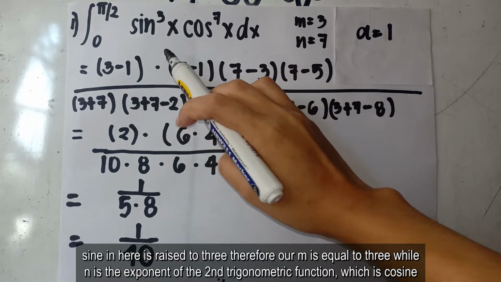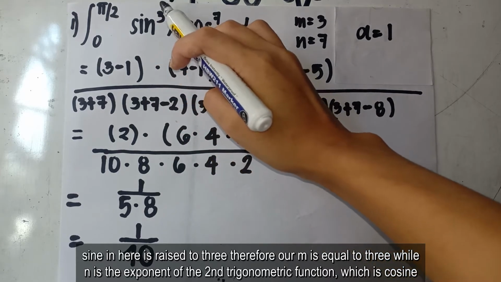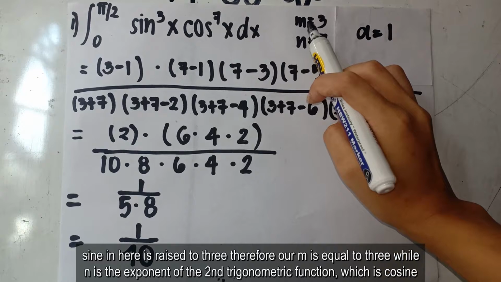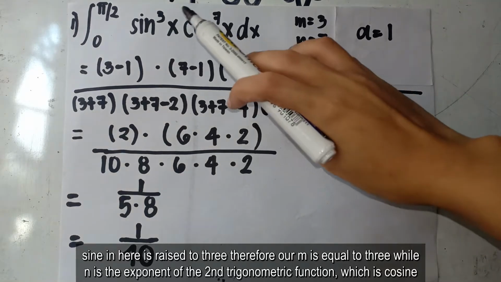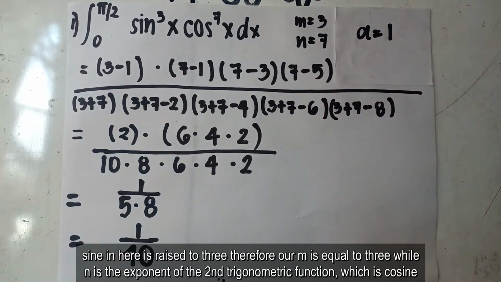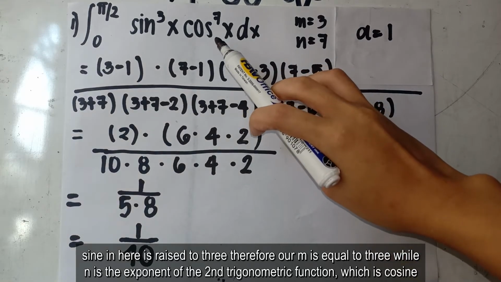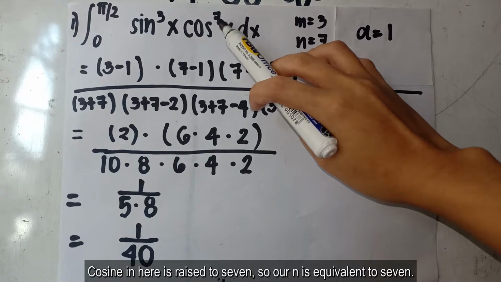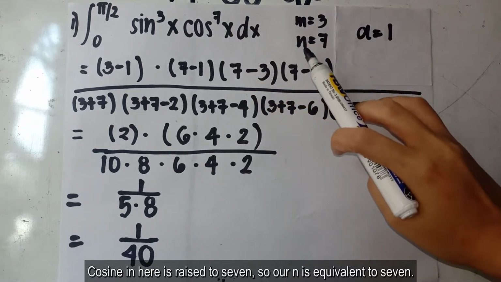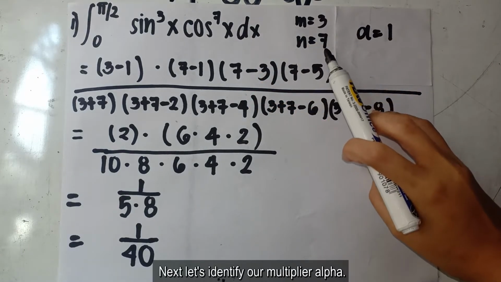Sine here is raised to 3, therefore our m is equal to 3, while n is the exponent of the second trigonometric function, which is cosine. Cosine here is raised to 7, so our n is equivalent to 7.